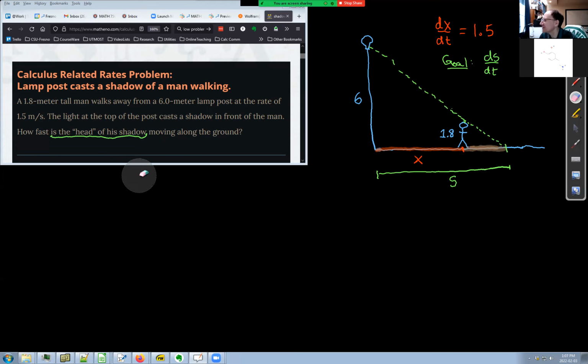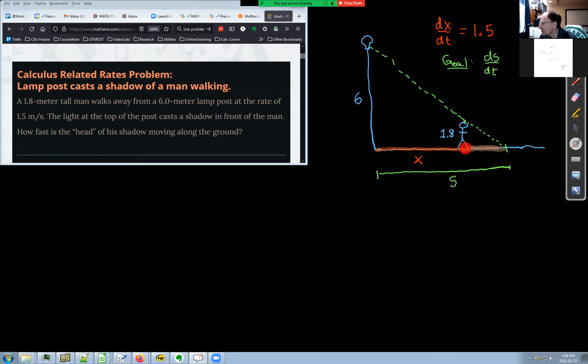And so here's the secret, I think: always be on the lookout for geometric objects. When I look at this problem, I see triangles, and in fact two triangles. I see the big triangle that involves the lamppost and the tip of the shadow.